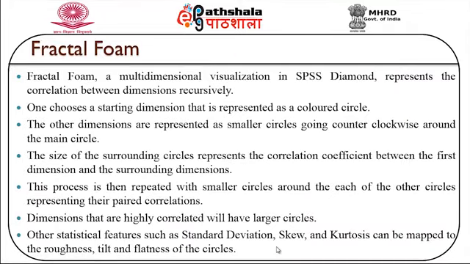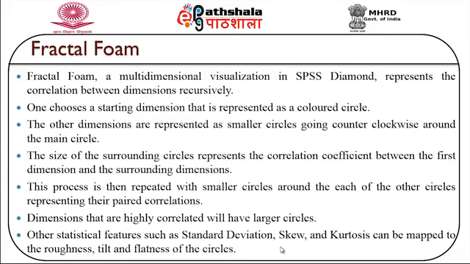The next type of form that we are going to have is a fractal foam, which is another form of representing tabular data, a multidimensional visualization which represents a correlation between the dimensions recursively. One chooses a starting dimension that is represented in the form of a colored circle. The other dimensions are represented as smaller circles going counterclockwise around the main circle.